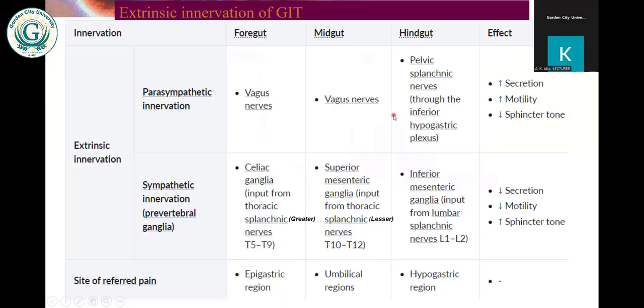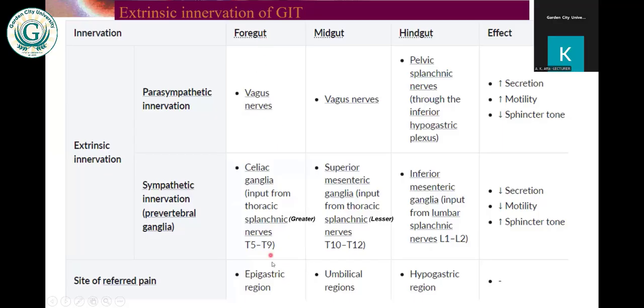So this is a summary of innervation. Parasympathetic innervation: foregut, vagus; midgut, vagus. Parasympathetic innervation: hindgut, pelvic splanchnic nerve. Sympathetic innervation: I just put all of them together, from T5 to L2 segments of the spinal cord.